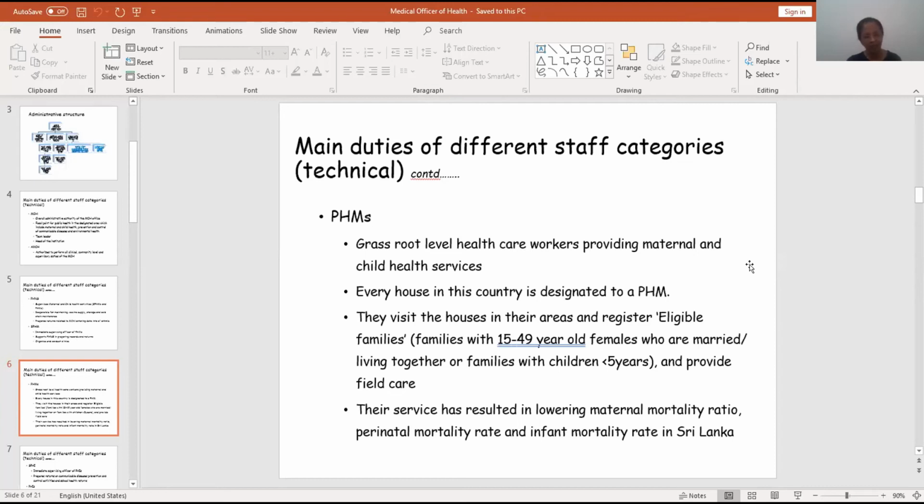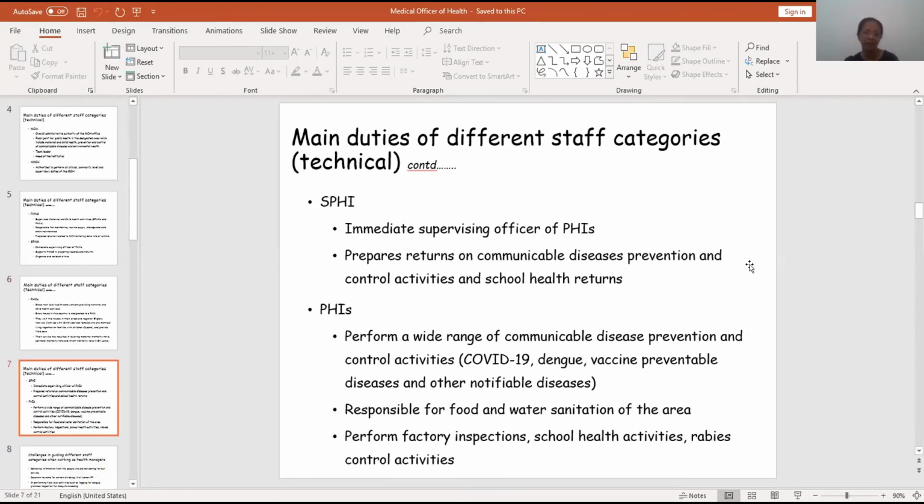So each and every PHM has to maintain and update their eligible couple registers. And at the end, their service has resulted in lowering the maternal mortality ratio, perinatal mortality rate, and the infant mortality rate in Sri Lanka.